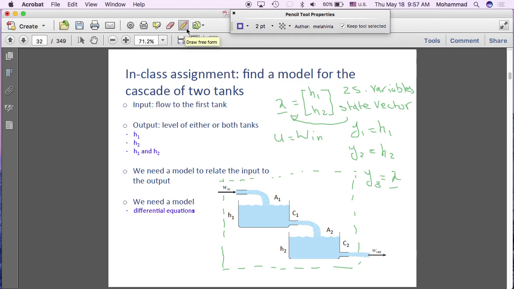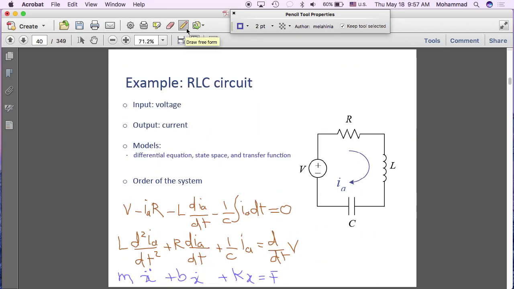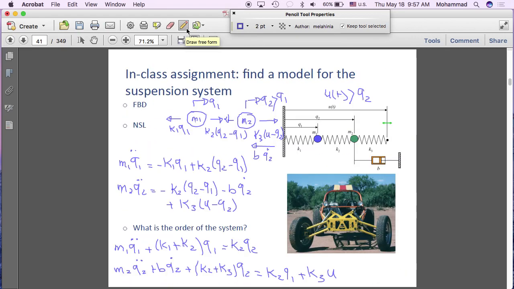We had two first order differential equations. We call this a second order system, and it had two state variables. Now let's fast forward. This system has two second order differential equations. So it's a fourth order system, and it has four state variables. And the state variables are position and velocities of each of the two masses. Okay, I'll stop here. Thank you.